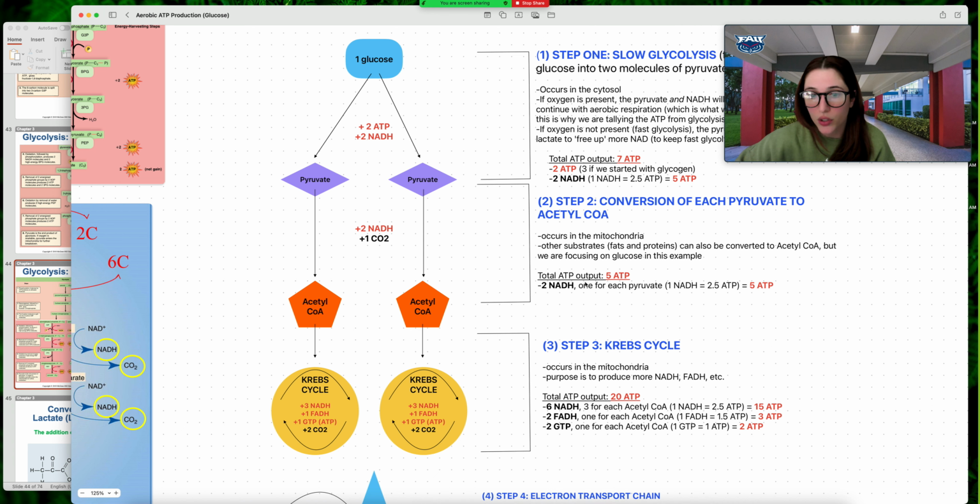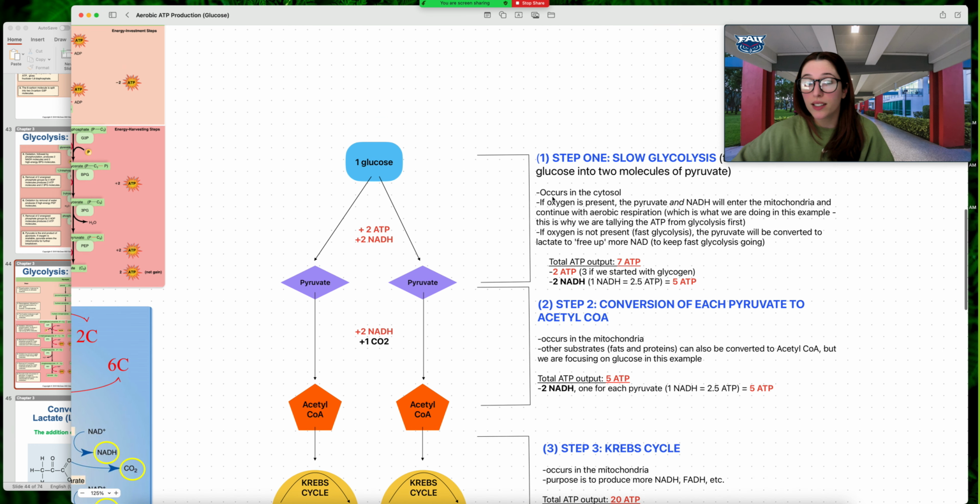So here's our total ATP output for this step. Well, we didn't make any just regular ATPs, we only made 2 NADH, but each NADH is equal to 2.5 ATPs. So our total ATP output from step 2 is 5 ATPs total, right? Which came from those 2 NADH. We also produced some CO2, but that's not adding to our tally, so we're not going to focus on that.